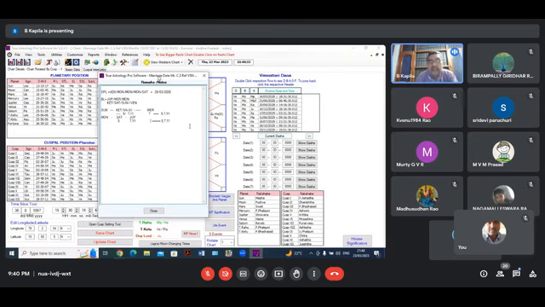Now, let me take another example to elaborate this point further. Suppose I take Mars. Mars is in Rahu, and Rahu is in Sun and Venus.